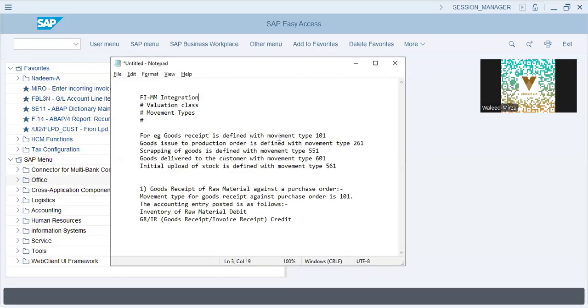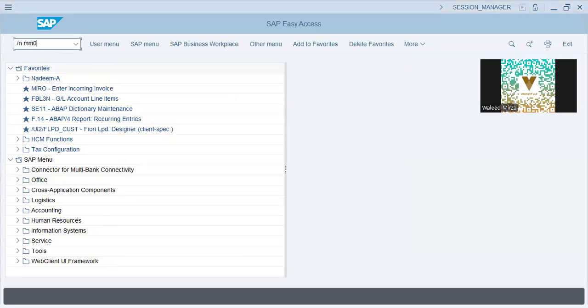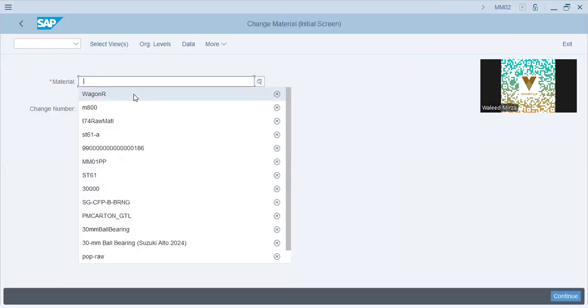Today we understand FI-MM integration, valuation class, and movement types. Okay, so let's first check MM02 and pick up this material.